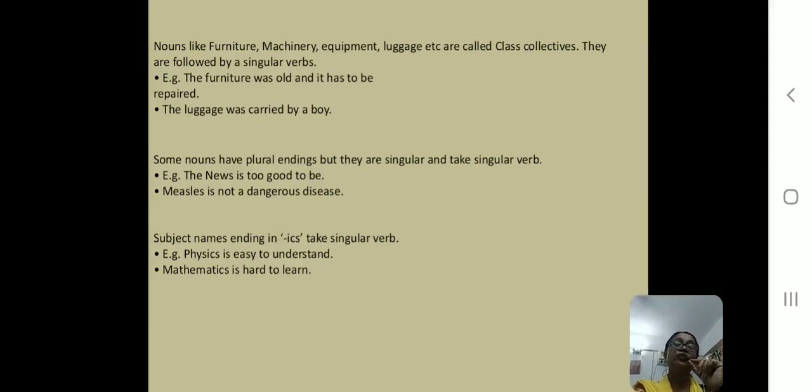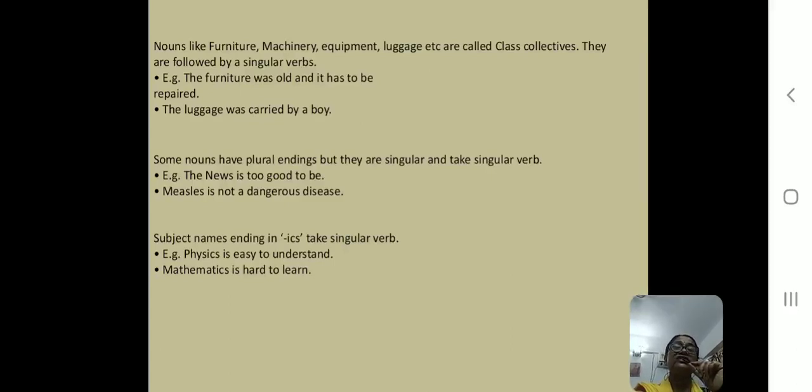Then some nouns have plural endings, but they are singular and take a singular verb. Though they have a plural ending, s is added, they are singular in form, and that's why we use the singular verb. The news is too good to be true. The news, you understand, s is given to the word news, though it looks plural, but we have to use it as singular, with a singular verb.